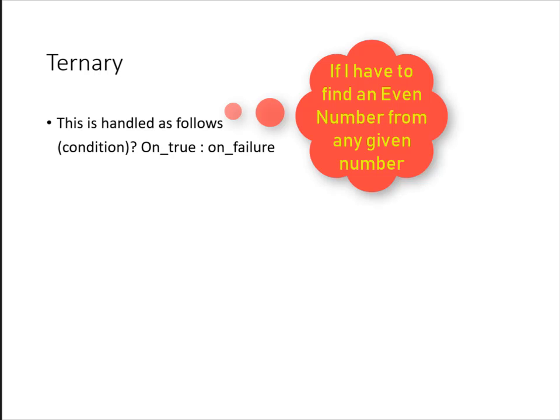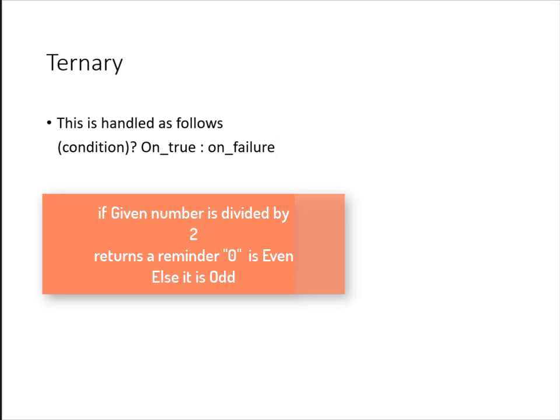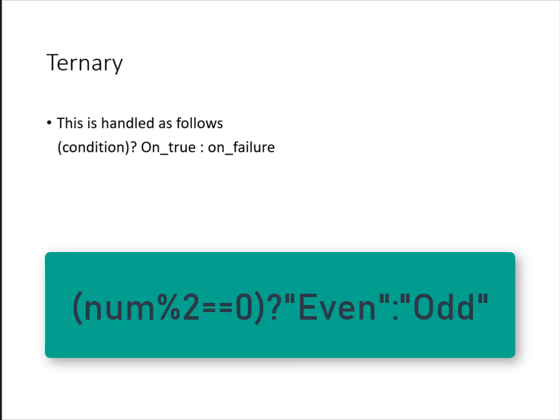Let us see an example. If the number is divided by 2 and returns remainder 0, it is an even number, otherwise it is an odd number. We can write the same thing with the ternary operator as follows.